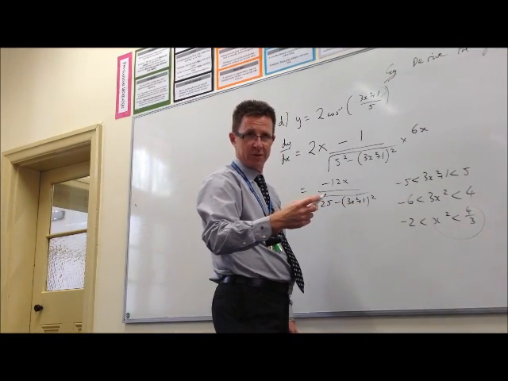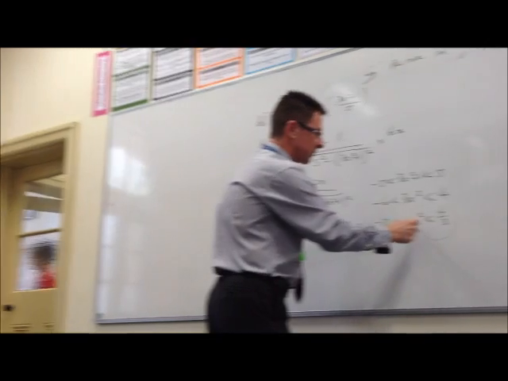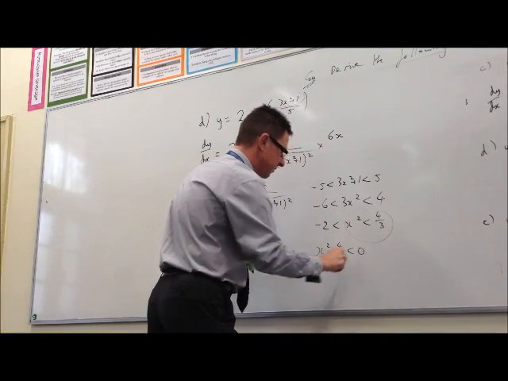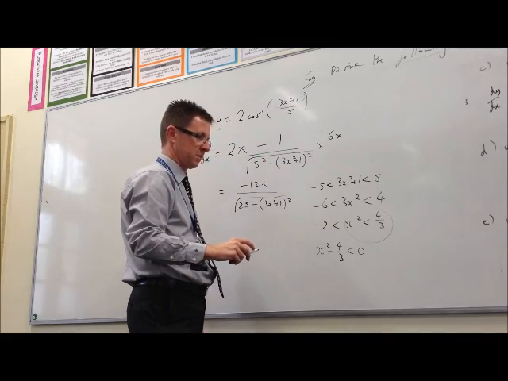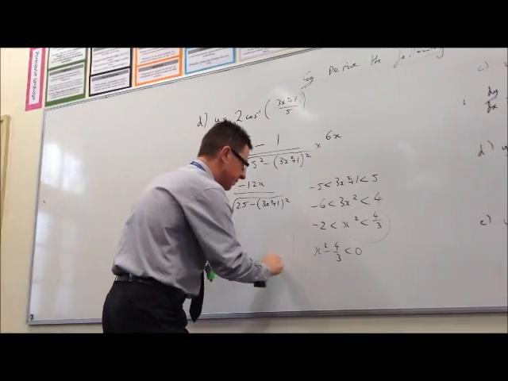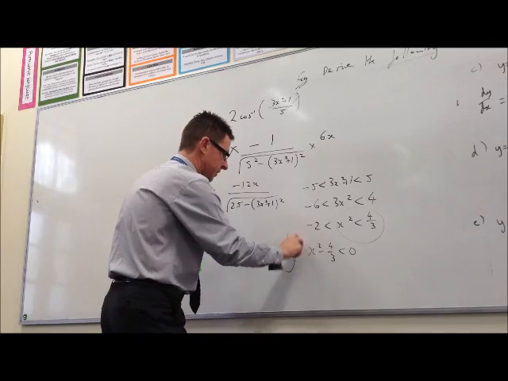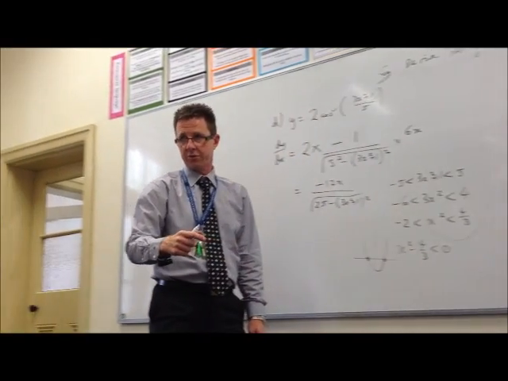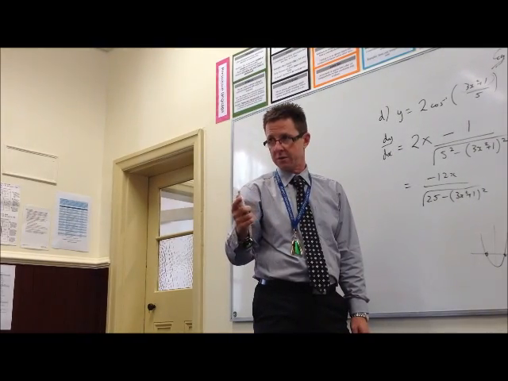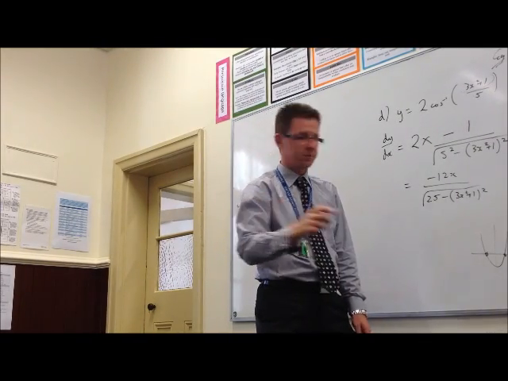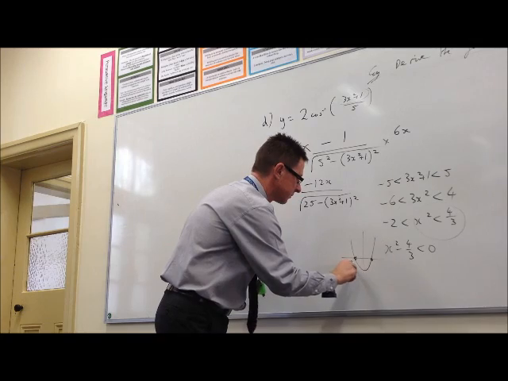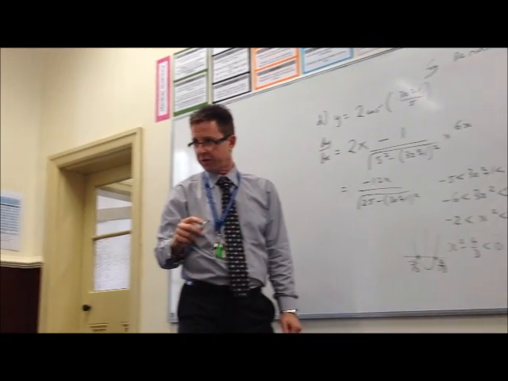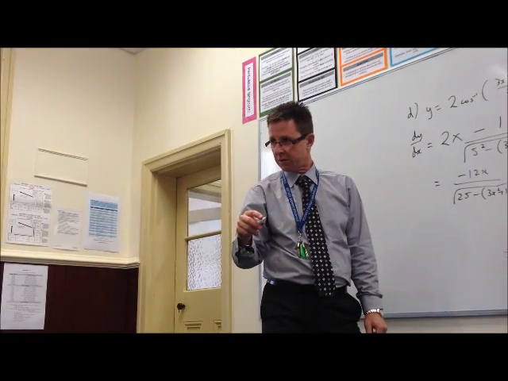Yeah, confident with that? 2 root 3. Which is the same as saying this, which if you picture, that's a parabola, and those intercepts are the square root of 4 on 3, which is 2 over root 3 and negative 2 on root 3. Or 2 root 3 on 3. Did you have the 3?